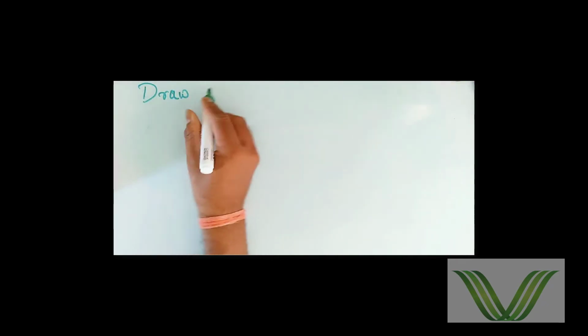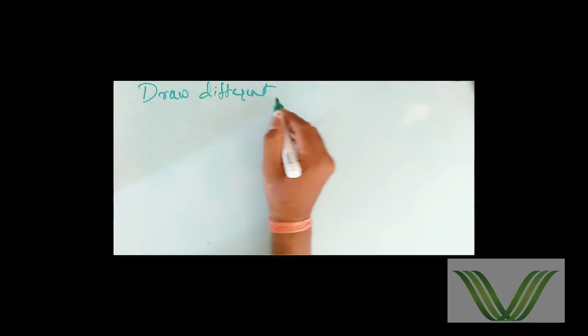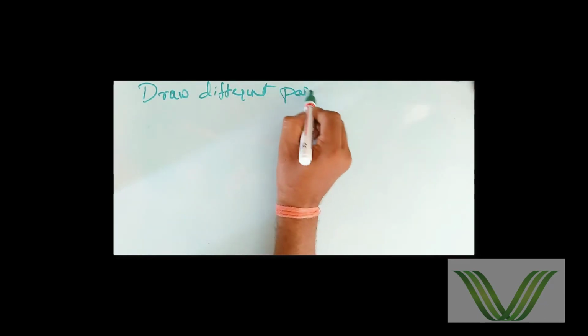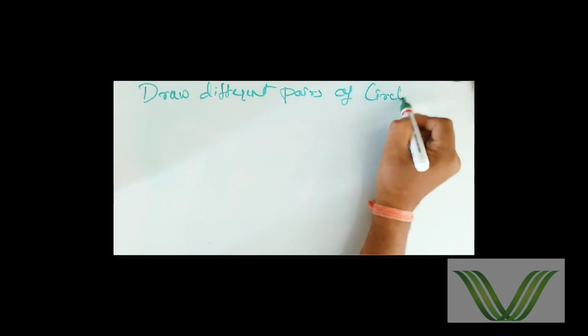Okay, so let us have some examples with respect to the circle chapter. So we have here: draw different pairs of circles.